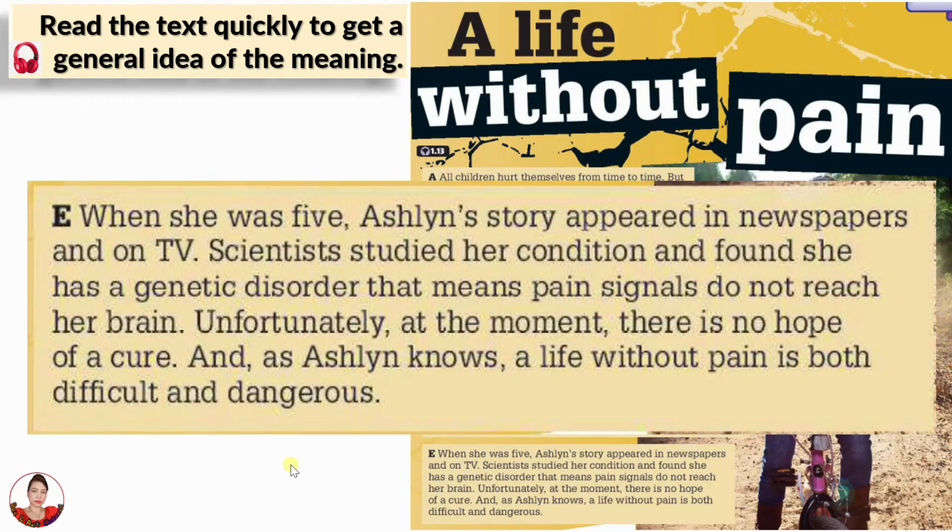When she was 5, Ashlyn's story appeared in newspapers and on TV. Scientists studied her condition and found she has a genetic disorder that means pain signals do not reach her brain. Unfortunately, at the moment, there is no hope of a cure, and as Ashlyn knows, a life without pain is both difficult and dangerous.